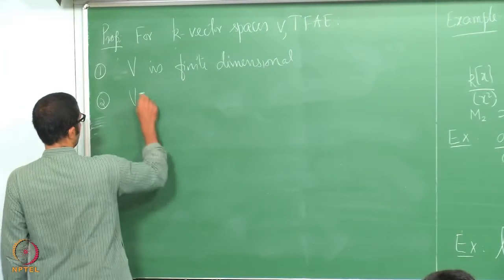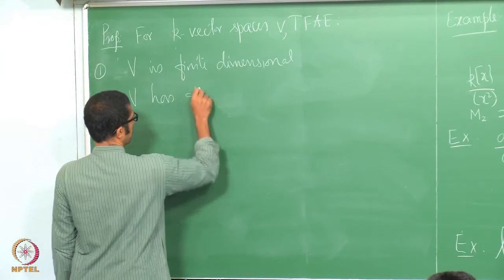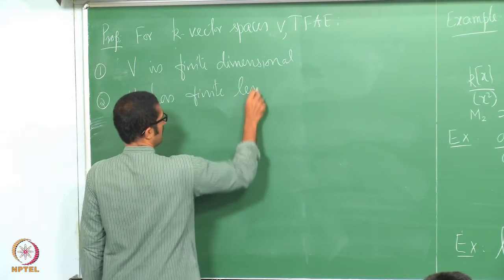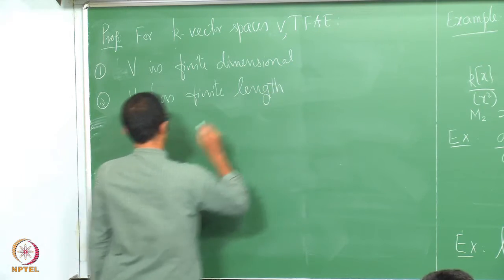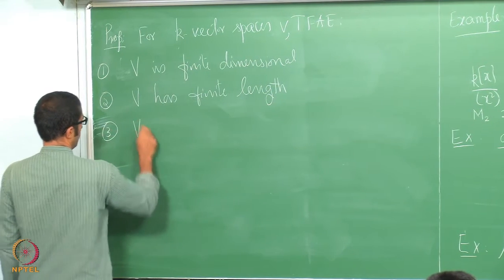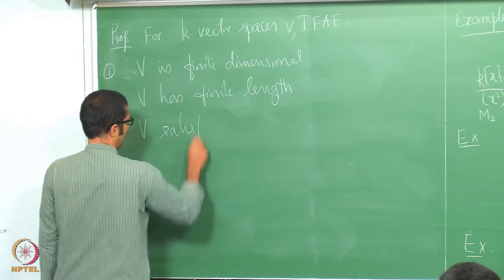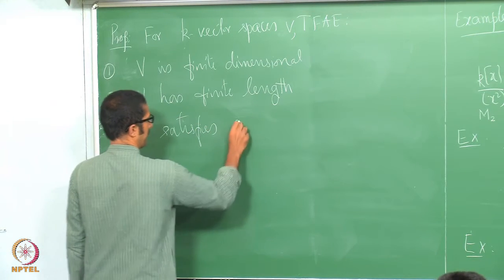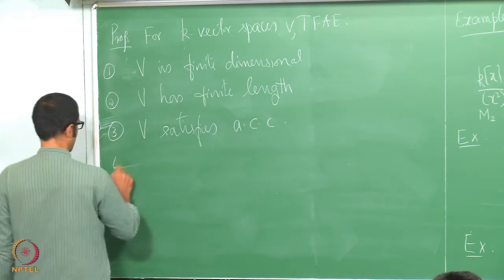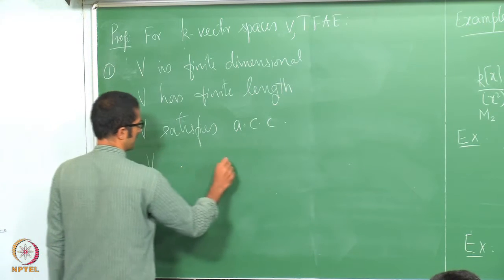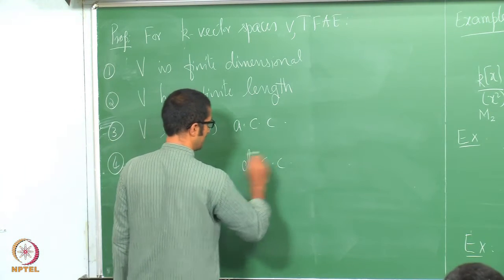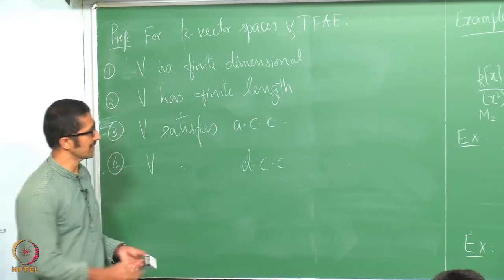Two, V has finite length. Three, V satisfies the ascending chain condition. Four, V satisfies the descending chain condition. All these are equivalent.